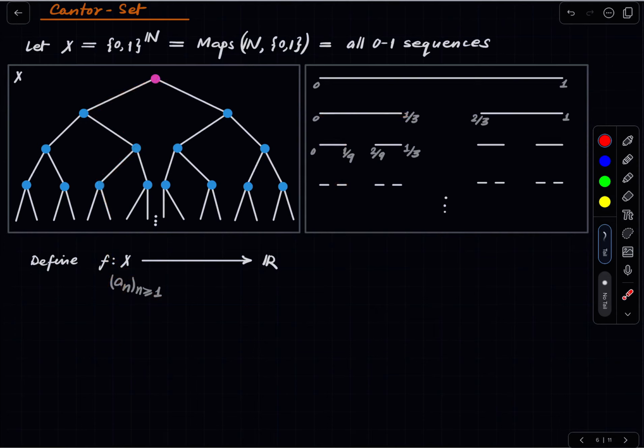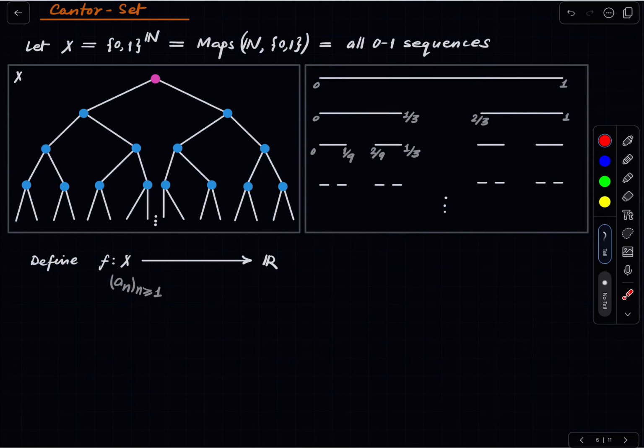So just intersect all the intervals that this path furnishes. So this path gives us this interval, and then maybe that one, and then that one, and so on. The intersection of all of these intervals will be non-empty simply because it is a nested sequence of closed intervals, as we saw in the previous slide.